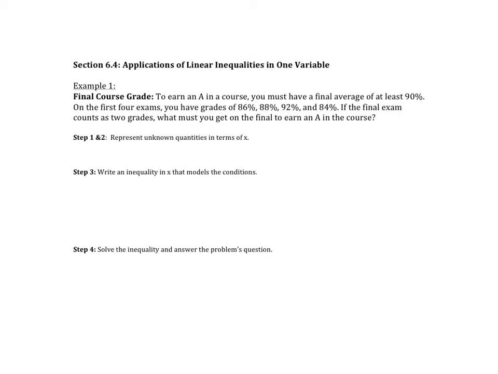So step 1, and I have to put them together. Steps 1 and 2 for these inequalities are: what is your unknown? What don't we know? What are we trying to find? Usually we define it in terms of X. We want to find what you must get on the final to earn an A in the course.